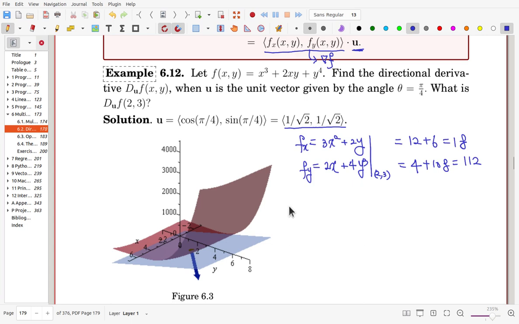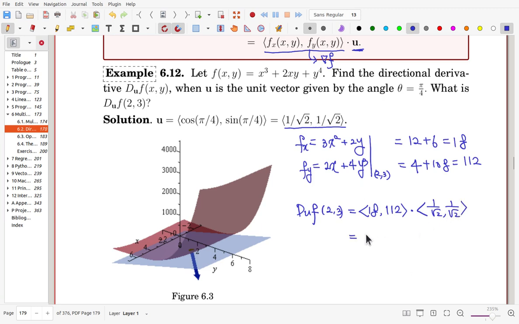So D_u f at (2, 3) is the vector (18, 112) dotted with u, which is (1 over square root 2, 1 over square root 2).